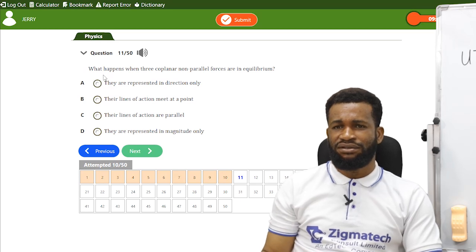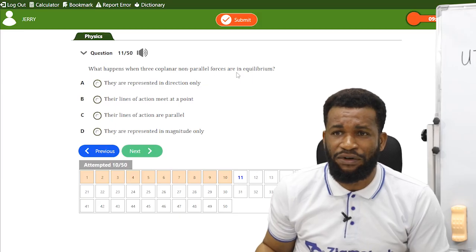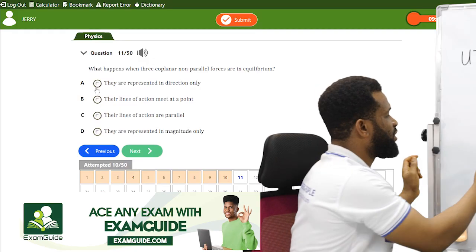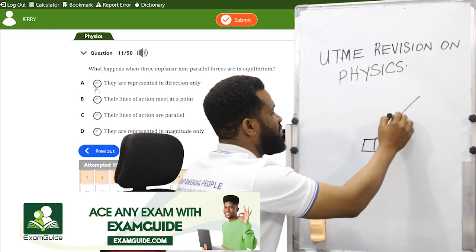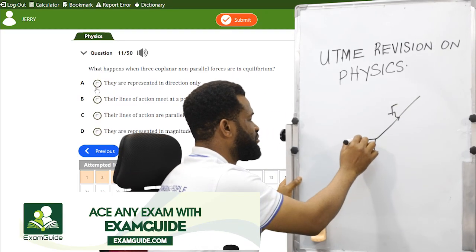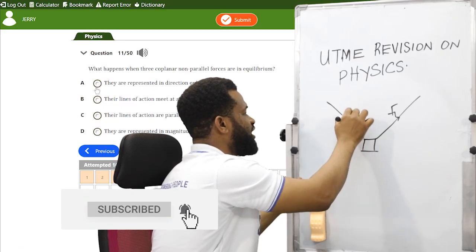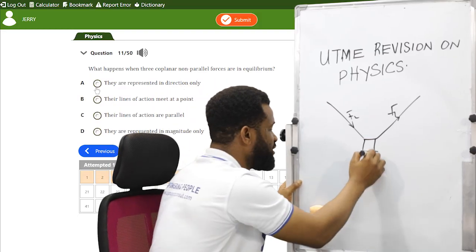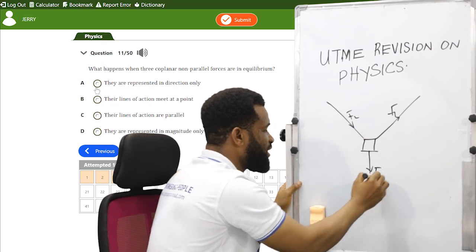Now, what happens when 3 coplanar non-parallel forces are in equilibrium? When we talk about coplanar non-parallel, let's assume this is an object. A force is acting on this part, we call it F1, and probably another force is acting on this part, let's call it F2. So we now say that we have coplanar forces, and then maybe there is another force, probably the weight of the object, acting on this part.